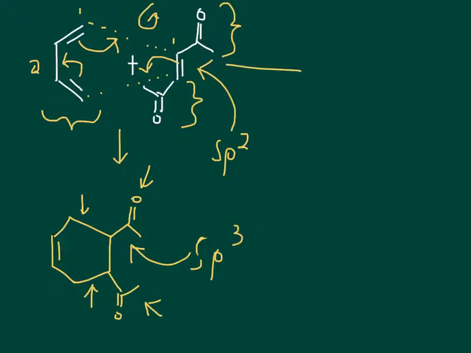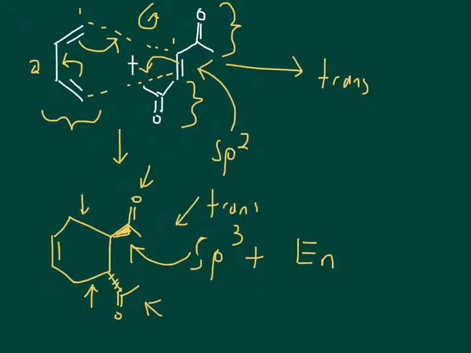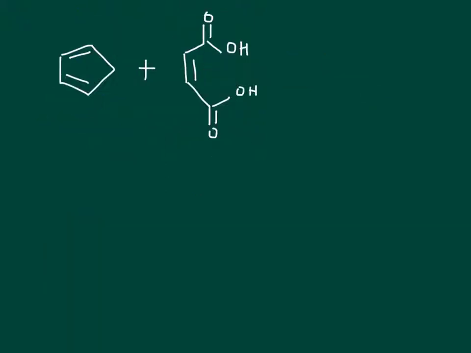Considering that the starting molecule with the sp2 hybridized carbons was trans, we're also going to see trans here. So if this one electron withdrawing group is on a wedge, the other is going to be on a dash, and of course you would see the enantiomer. And I'll just write EN, the abbreviation for it.